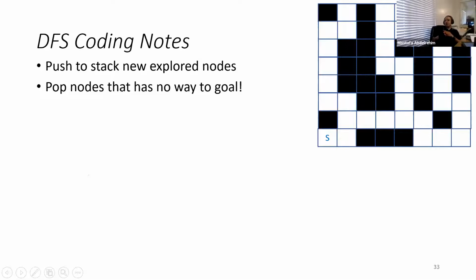So you can use this function as your stack. Remember we said that we need FIFO in breadth first search, but we need a stack, first in last out, or last in first out, in depth first search. So I used this neat code in MATLAB. It's very nice. I will show you the code right now.